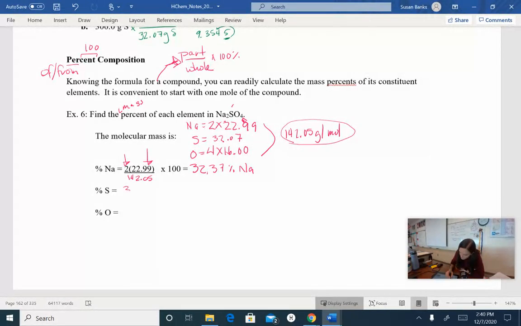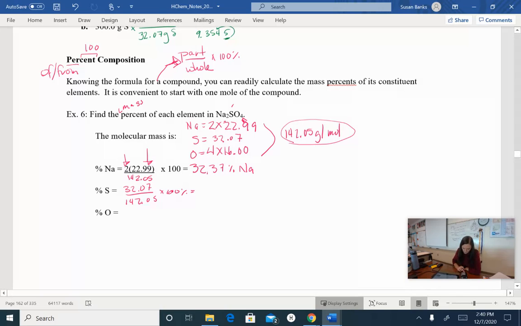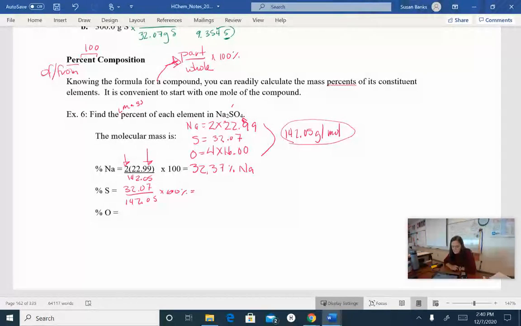Okay. Now for sulfur, we're going to do the same thing. Sulfur, we've got 32.07. We're going to divide by the whole mass of the molecule. Then we're going to multiply by 100%. So 32.07 divided by 142.05 multiplied by 100%. We get 22.576. That 6 tells us to round up, so we're going to call that 22.58% sulfur by mass.